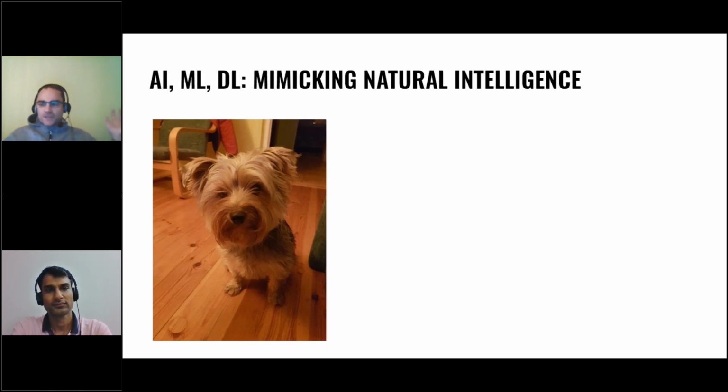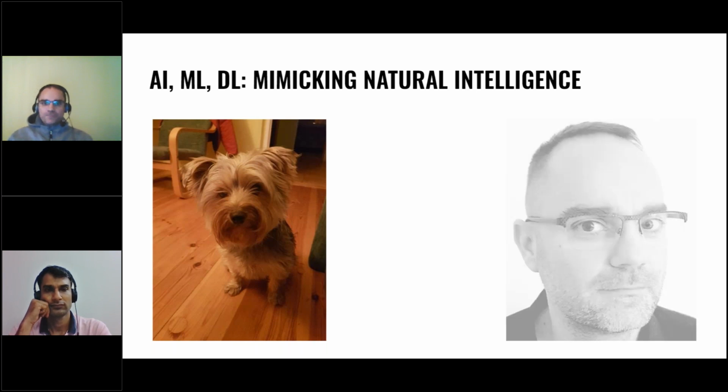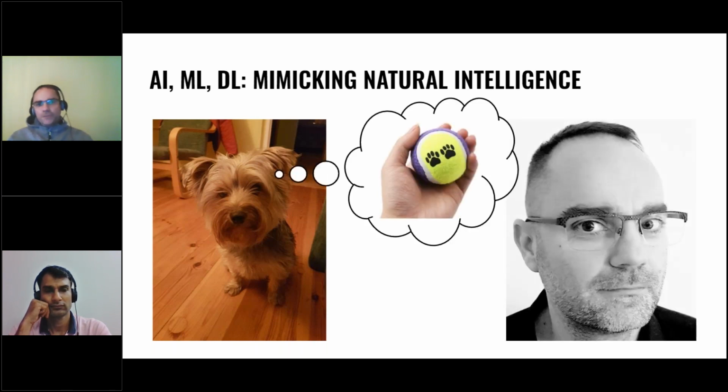There are zillions of light rays landing on his retina, and he's trying to make sense of those data points. And once he recognizes me, the person who just entered the room, he tries to predict the best way to engage with me. And so he might come to a different conclusion, and very often it's, well, he just grabs the ball and brings it to me and expects me to play with it.